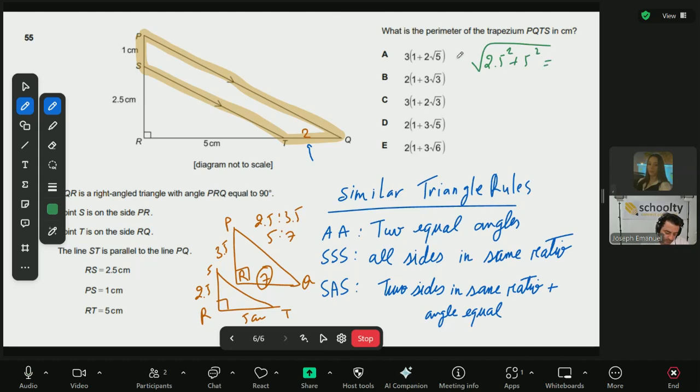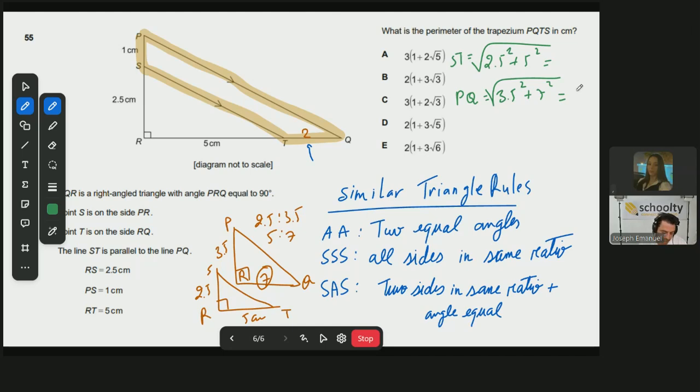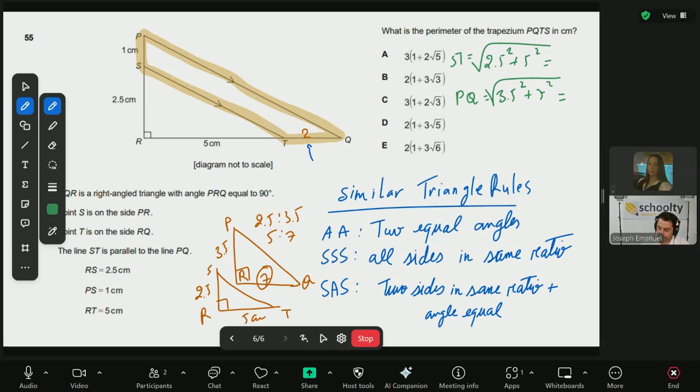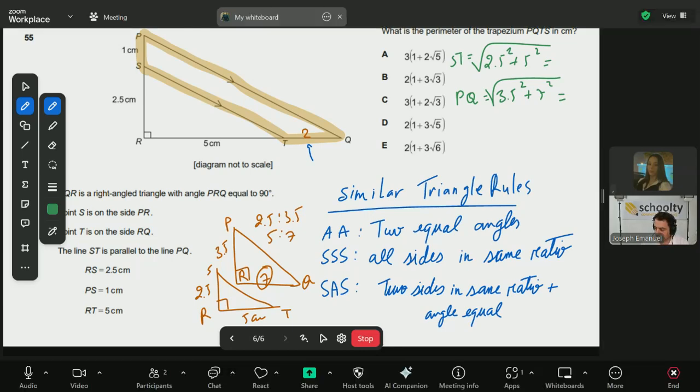This is ST, and PQ will be 3.5 squared plus 7 squared. This needs to be calculated.